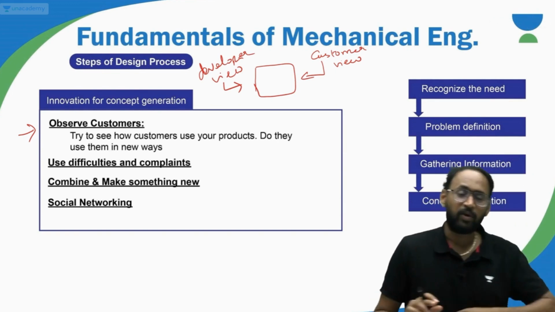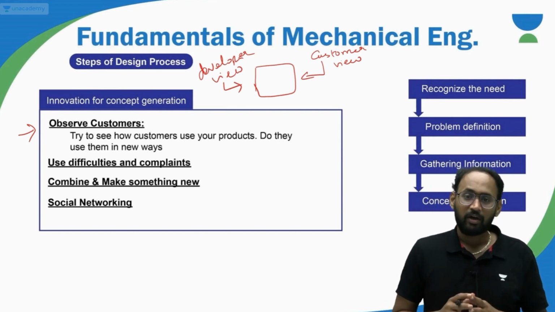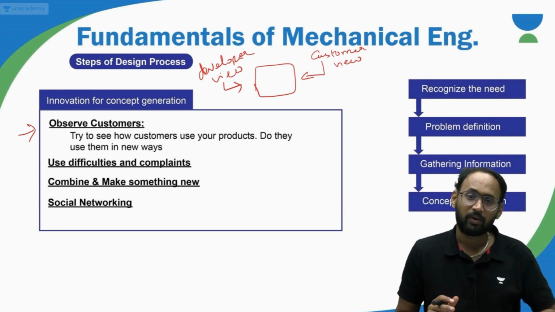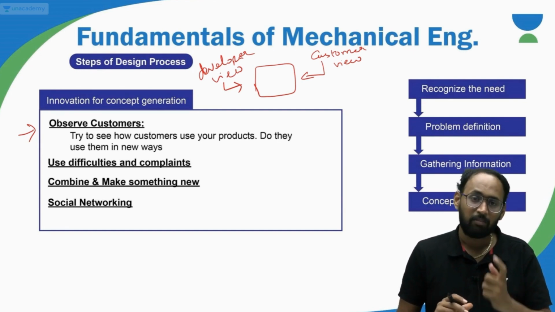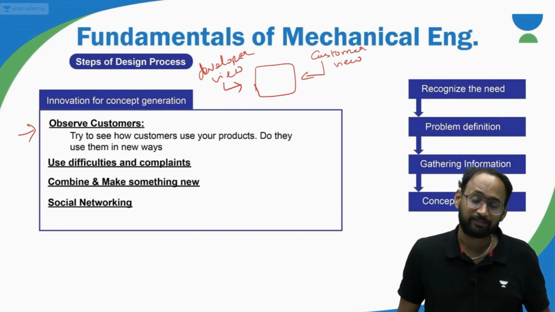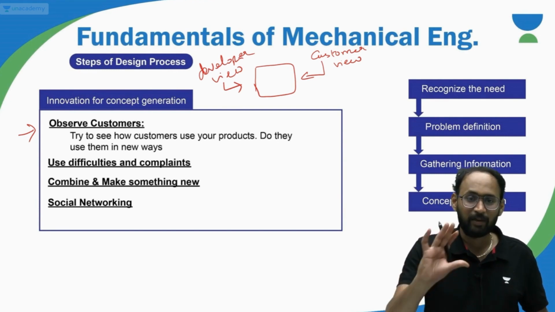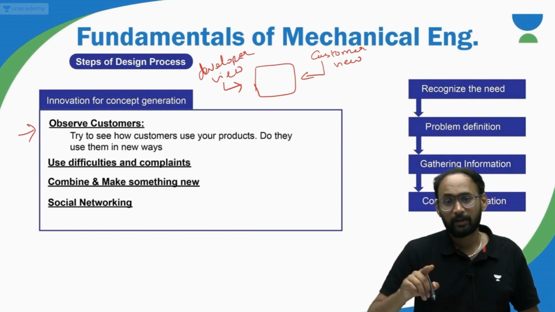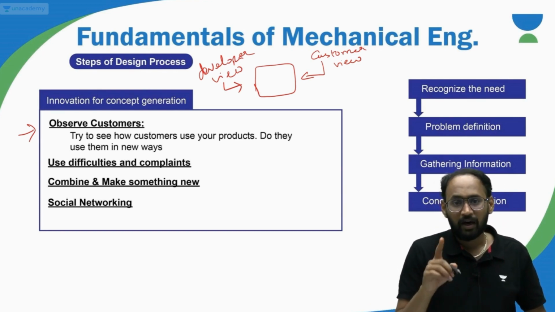So when you are trying to innovate, you should not think how you are going to use the product, or how the subject matter expert or anyone for that matter is going to use the product, but rather you should think how the customer is going to use the product, because that's where the product is going to be used. This is very important for concept generation. Now once you think about it, are you finding new ways?